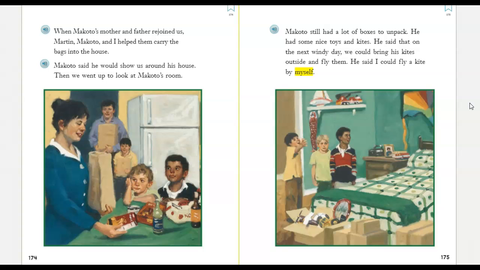Then we went up to look at Makoto's room. Makoto still had a lot of boxes to unpack. He had some nice toys and kites. He said that on the next windy day, we could bring his kites outside and fly them. He said I could fly a kite by myself.